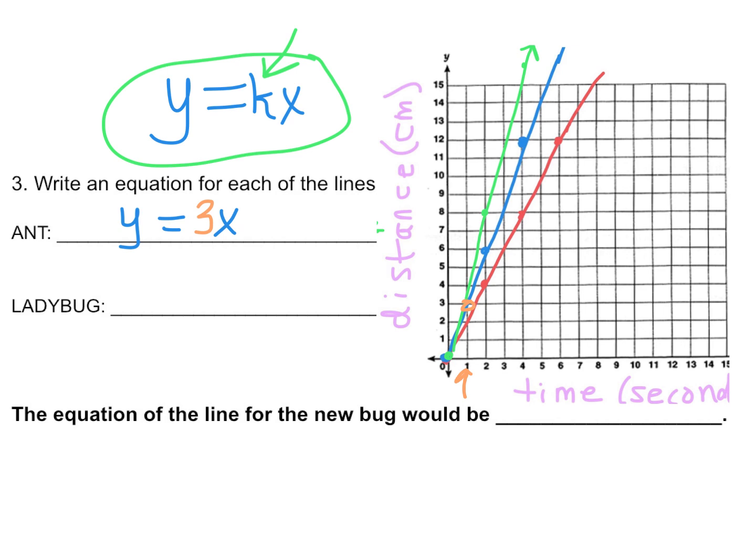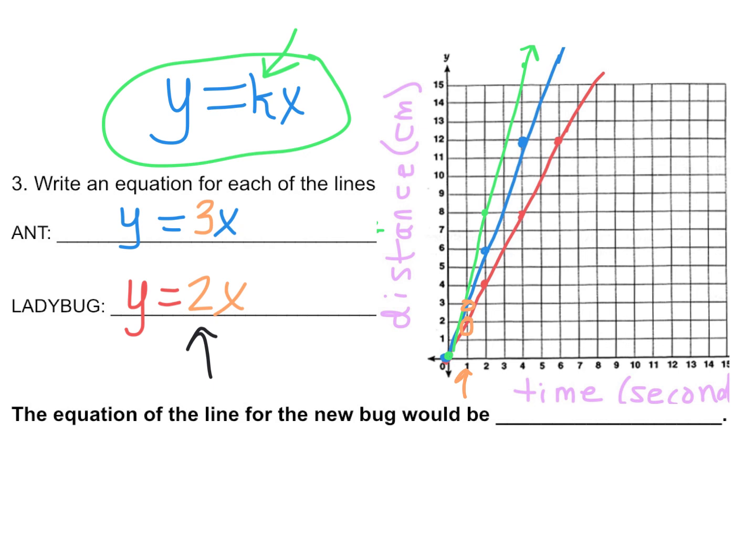The ladybug, after 1 second of time, travels 2 centimeters. So our ladybug equation would be y equals 2x. And then our new bug, if you remember, was twice as fast as the ladybug.